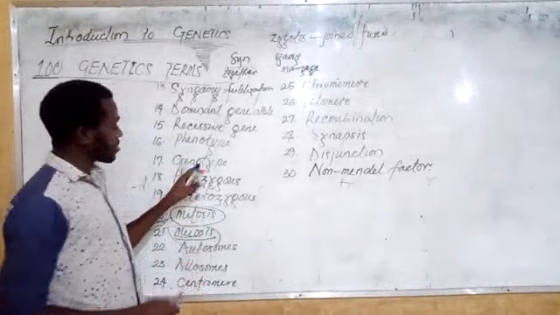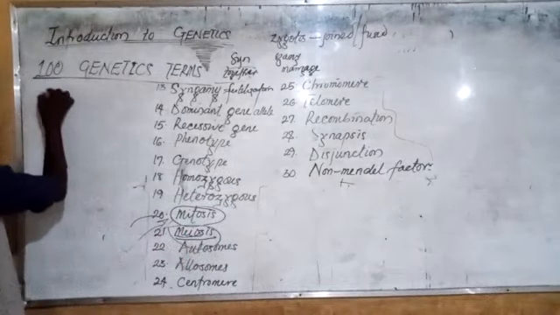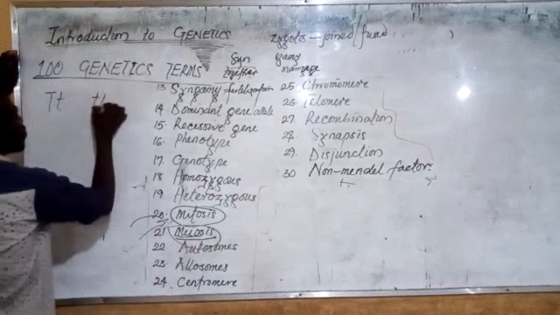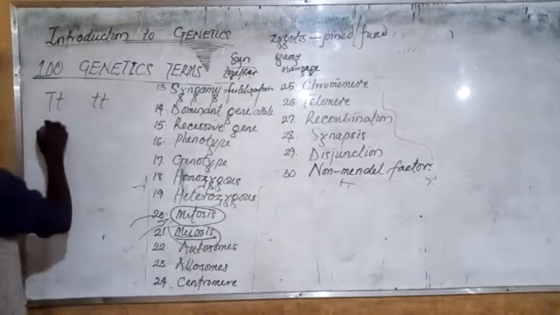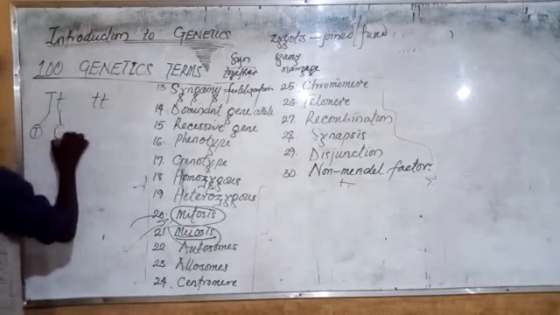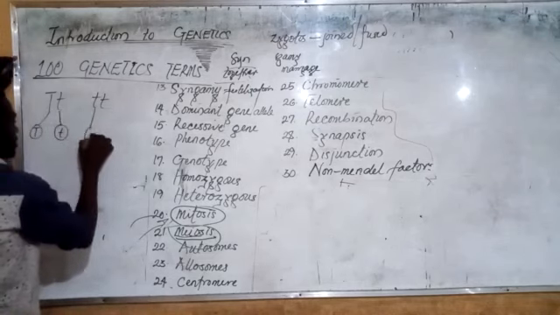Okay, this is best explained using a cross. For example, if I cross a heterozygous tall individual and a homozygous short individual, now let us produce their gametes. It is very important that before you cross, you produce their gametes.